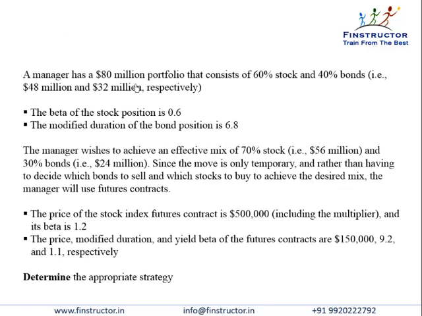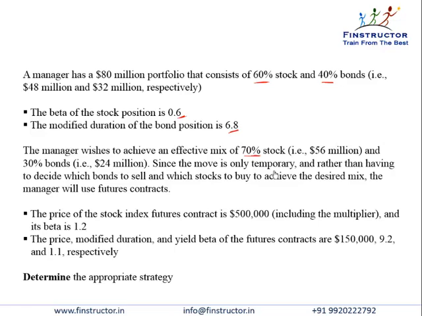So a manager has an 80 million portfolio that consists of 60% stock and 40% bonds. The beta of the stock position is 0.6 and the modified duration of the bond position is 6.8. The manager wishes to achieve an effective mix of 70% stock and 30% bonds.